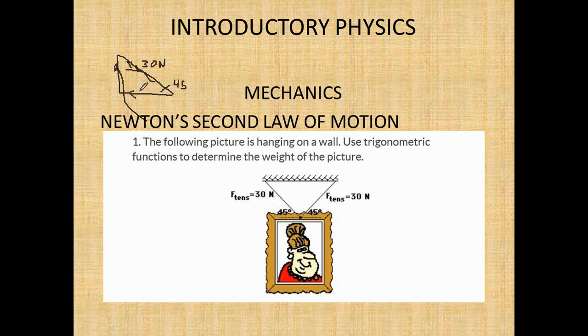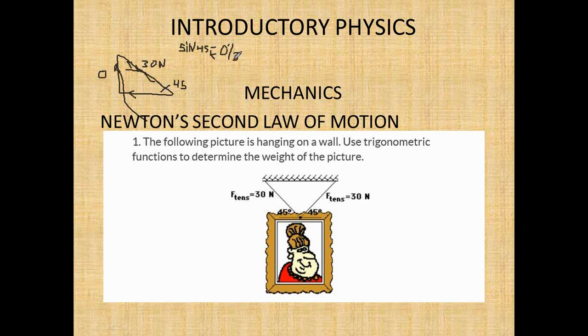So let's use our trigonometric function. We want to find this. To this angle, this is the adjacent, this is the opposite. So we want to find the opposite, and sine is pretty good. The sine of 45 degrees is equal to opposite over the hypotenuse, which is 30.